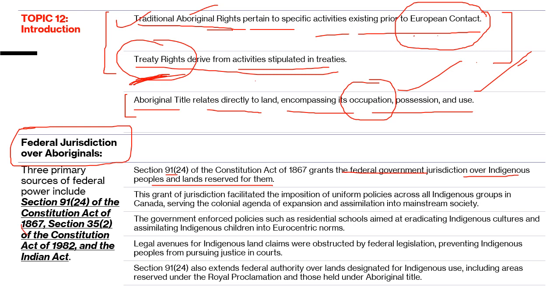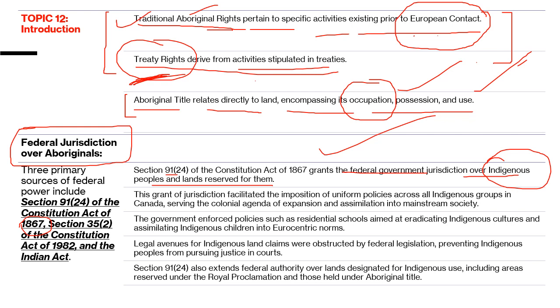But as per the 1867 Constitution Act, 91(24) directly says that indigenous people and their lands both are the subject matter of the federal government. So the provincial government has no control. In examination, if you get a question related to division of power and something is related to aboriginal or indigenous people, one thing is clear: there is no role of the provincial government.